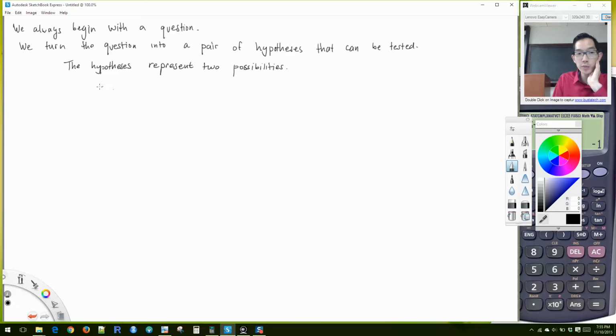So the two hypotheses are the null hypothesis, which we write as H0. The 0 is a subscript. Okay, and then we have the alternative hypothesis. And that is the alternative.